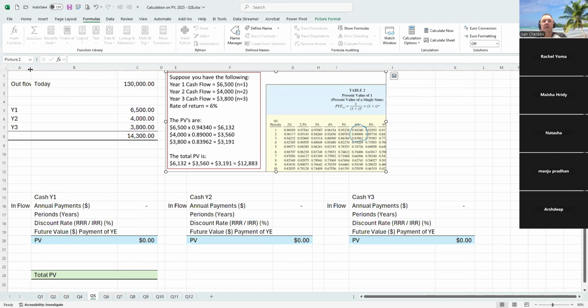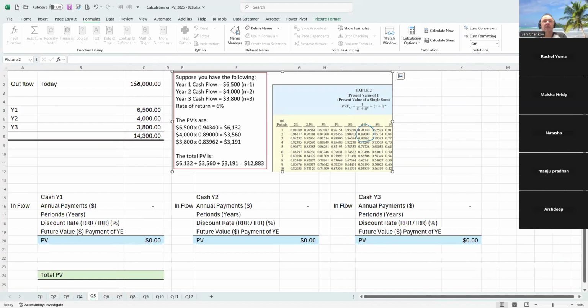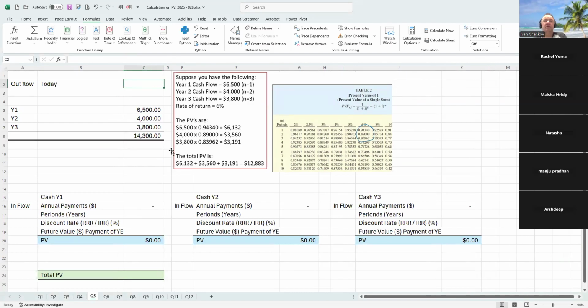In this case, we don't know how much we have to invest, so that is out of the picture. We're only getting the cash inflow. First year, we're going to collect 6,500 at the end of the first year. Second year, we're going to get 4,000 at the end of the second year. And the third year, we're going to get 3,800 at the end of the third year. In total, we're going to get $14,300.